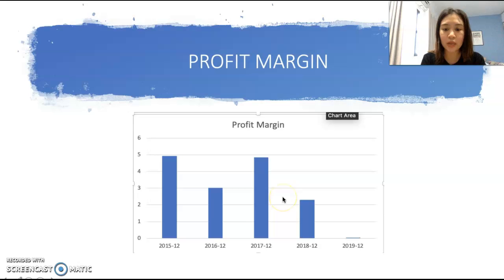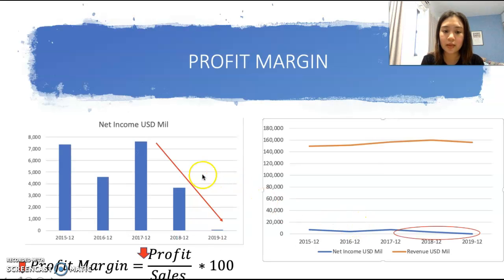The ratio has decreased significantly in recent years, meaning the business is not effectively turning revenue into profit. This is because net income decreased while revenue is stable, so the ratio decreased.